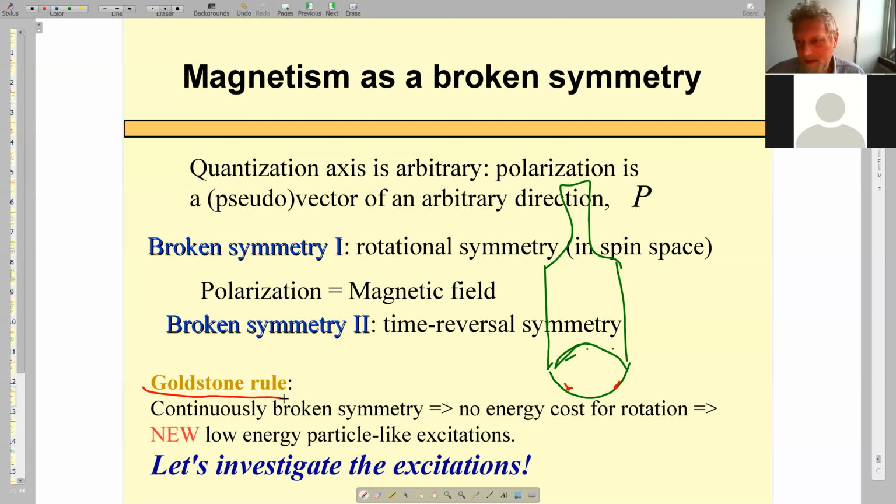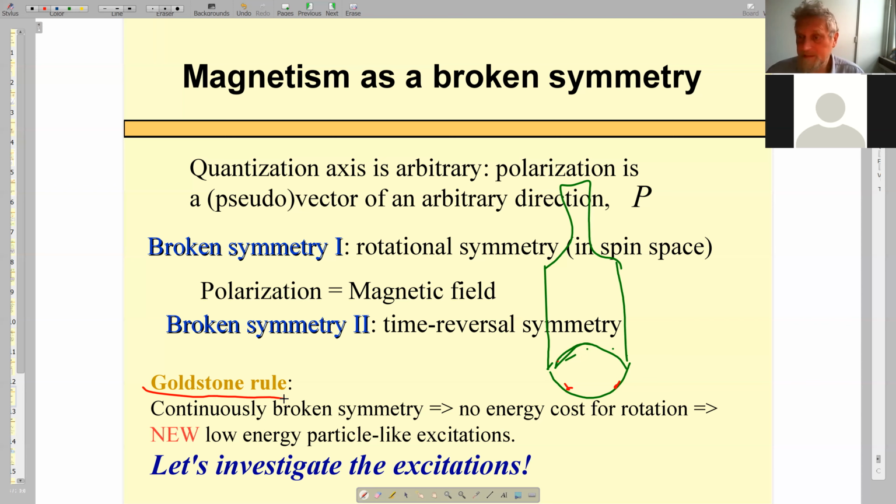And that means that you have new particles with low energy, which reflect this effect, the continuous symmetry breaking.